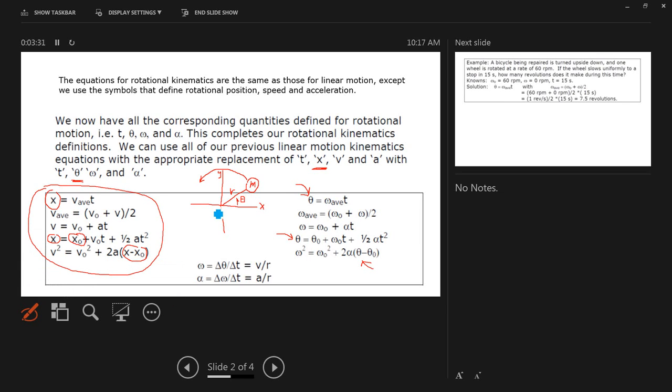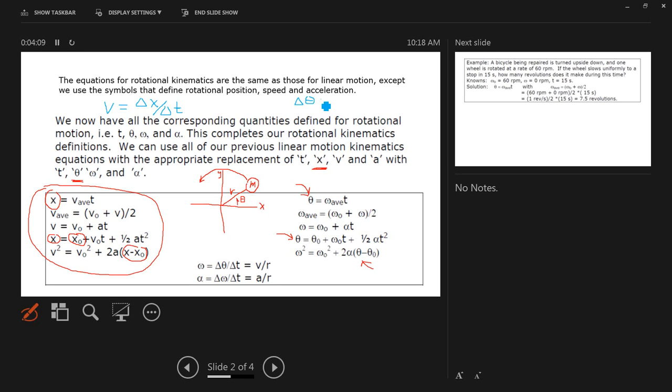All right, now let's go to the next step. Since the old definition of V for linear motion was delta x over delta t, remember the definition of velocity, then to take this into a rotational equation, we replace delta x by delta theta.